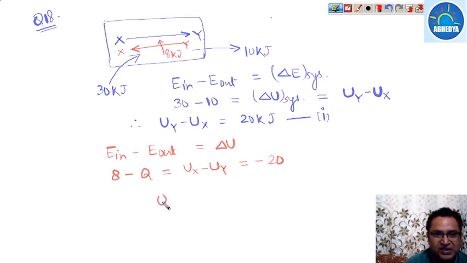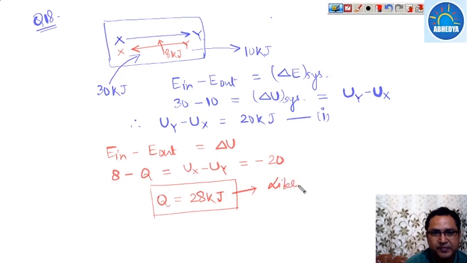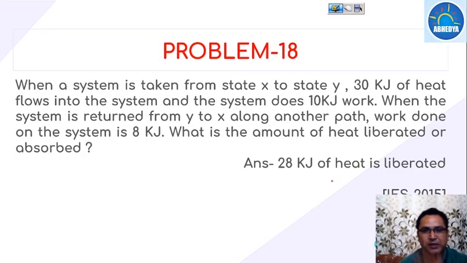Okay, so what is the value of Q? So the value of Q is equal to 28 kilojoule. This Q is positive and we are taking this Q as going outside, meaning this much amount of heat is liberated. So 28 kilojoule of heat is being liberated.